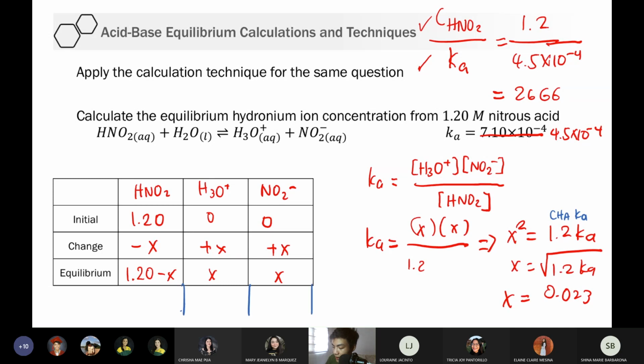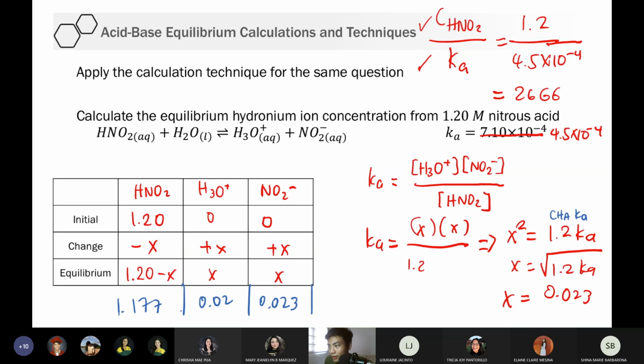You plug in the x values. So this will be 0.023, and for the nitrous acid, that will be 1.177. Diba ito din yung na-solve natin last time, if not exactly near that, yung sagot natin last time.